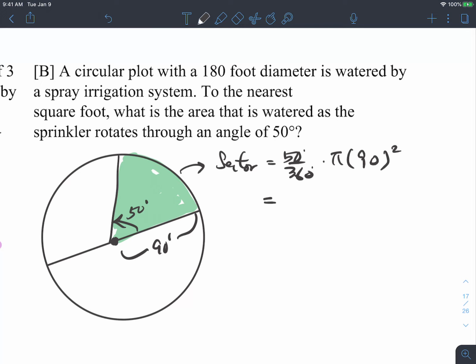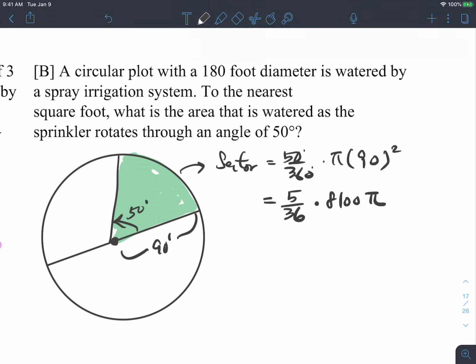Well, actually, we could wait a little bit. Yeah, let's do it now. So this part right here, guys, right? We know that the tens cancel, so that's like 5 over 360. 5 over 36. And that right there is 8100 pi. Okay. So now we know that 9 goes here 4 times.